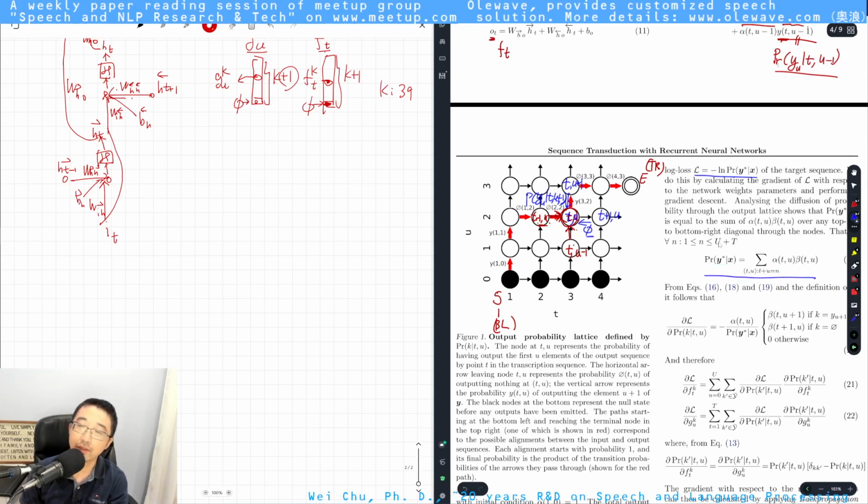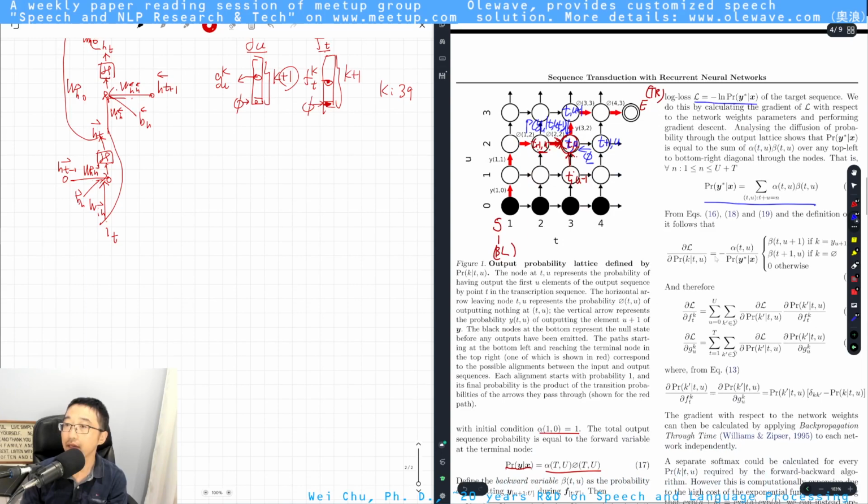If you're familiar with the Baum-Welch algorithm or HMM or even CTC or even the dynamic time warping algorithm, you understand this. So when you have the forward and backward algorithm, like Dr. Graves said, the probability is equivalent to the sum of these over any top left.